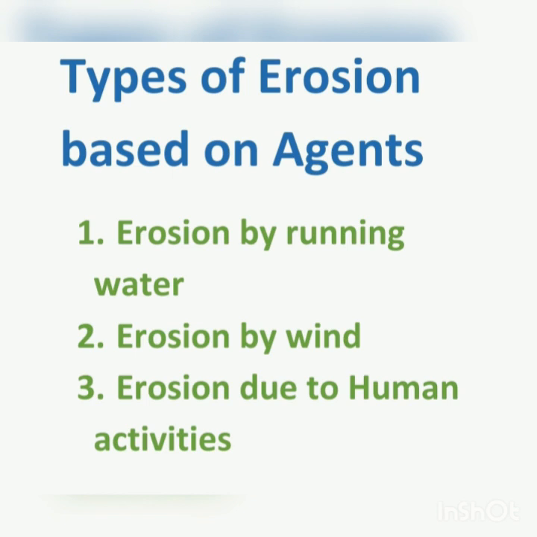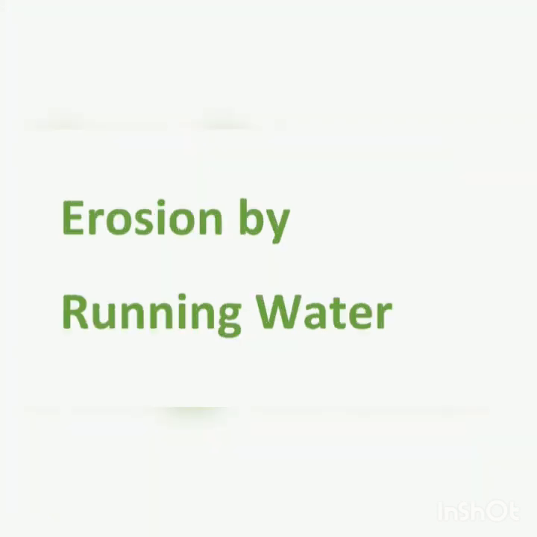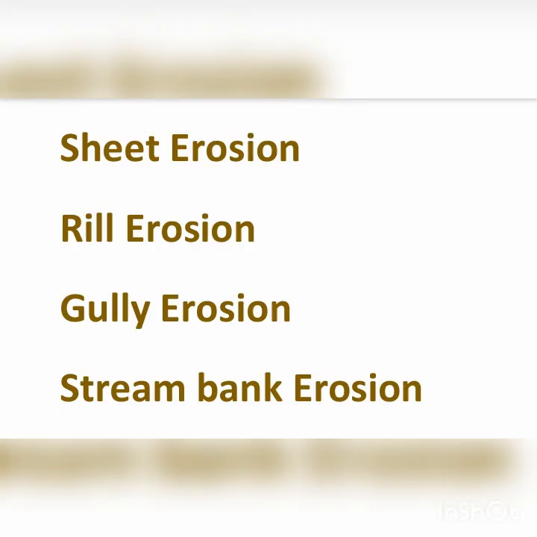Let's start with the first point, that is erosion by running water. Erosion by running water is caused in four ways, that is sheet erosion, rill erosion, gully erosion, and stream bank erosion. Now what is sheet erosion?